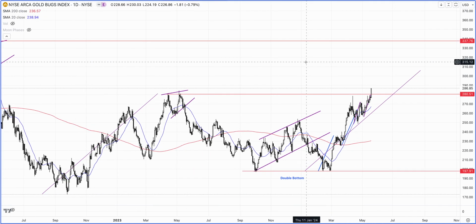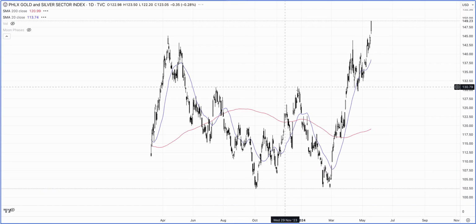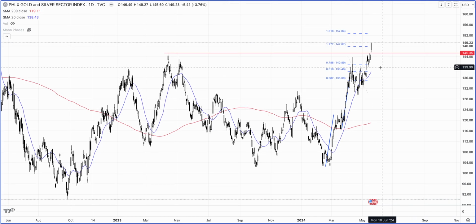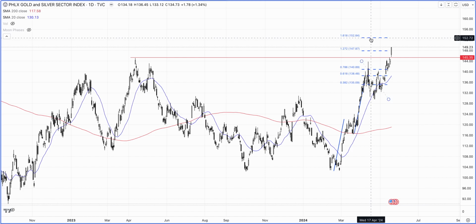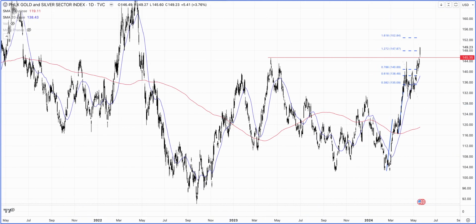Okay, then let's take a look at XAU, which is the gold and silver sector. Fantastic day for this in the metals, and I think shorter term 152, but it's doing something very similar to GDX, HUI, gold bugs index.